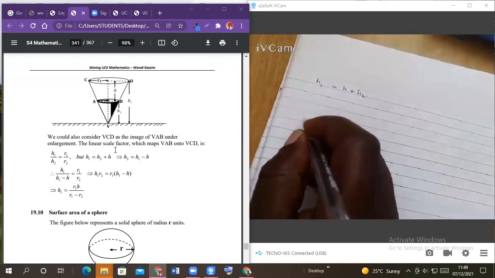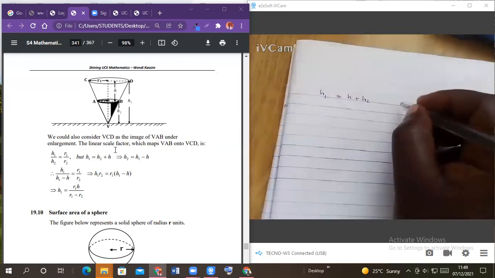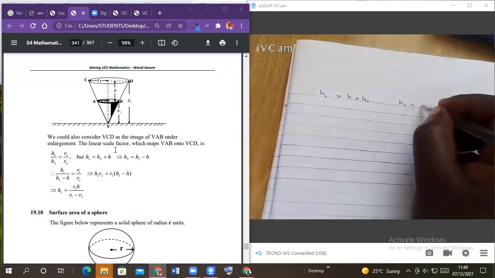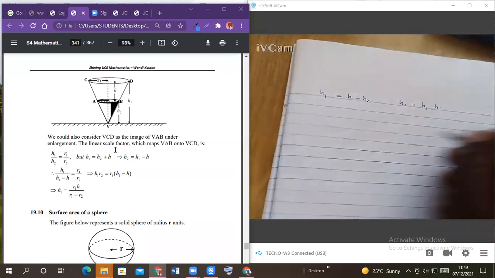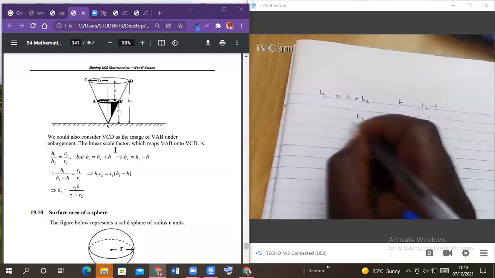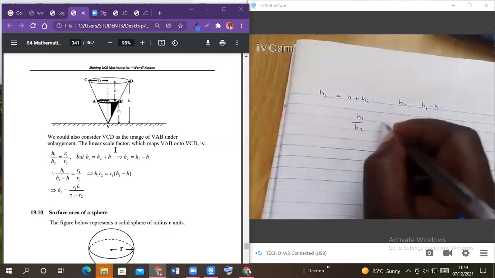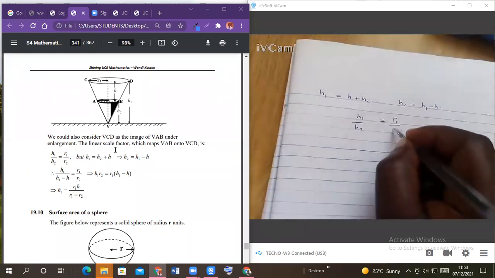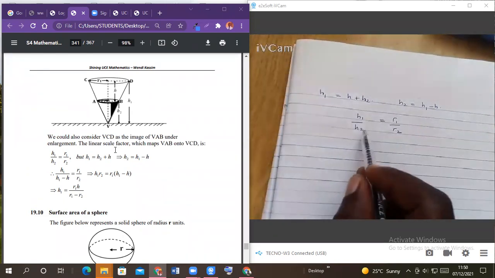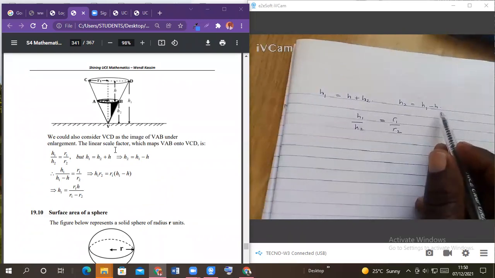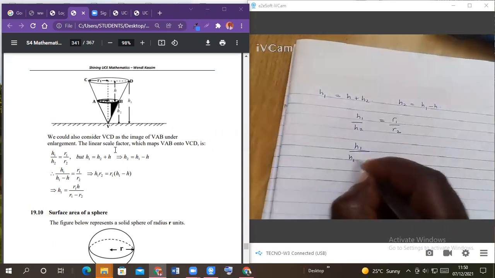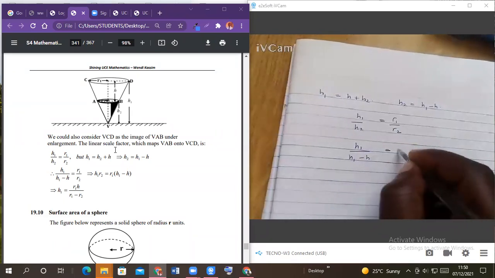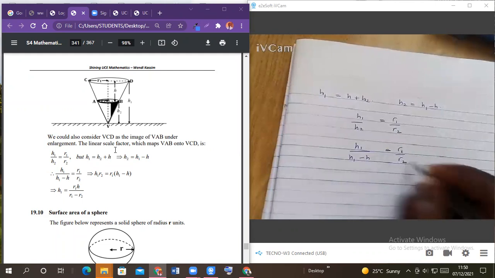So that means our h2 is equal to h1 minus h. So in the formula h1 over h2 equals R1 over R2, what we are going to do is to change this one and put h1 minus h. So we shall have h1 over h1 minus h equal to R1 over R2.